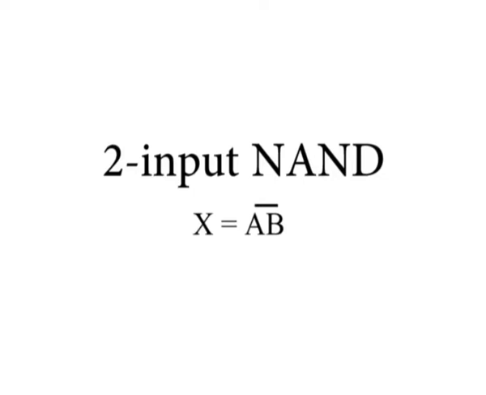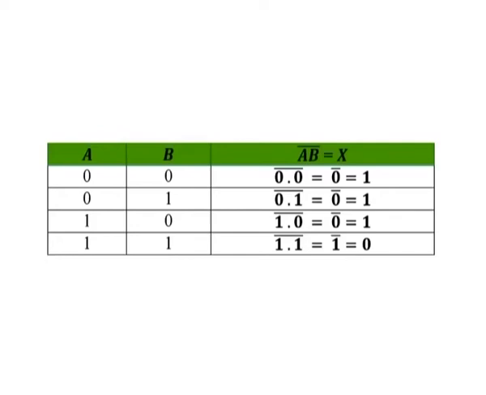This is a description in equation form of the operation of a NAND gate with two inputs. Evaluating this expression for all possible values of the two input variables, you get the results as shown in this table.